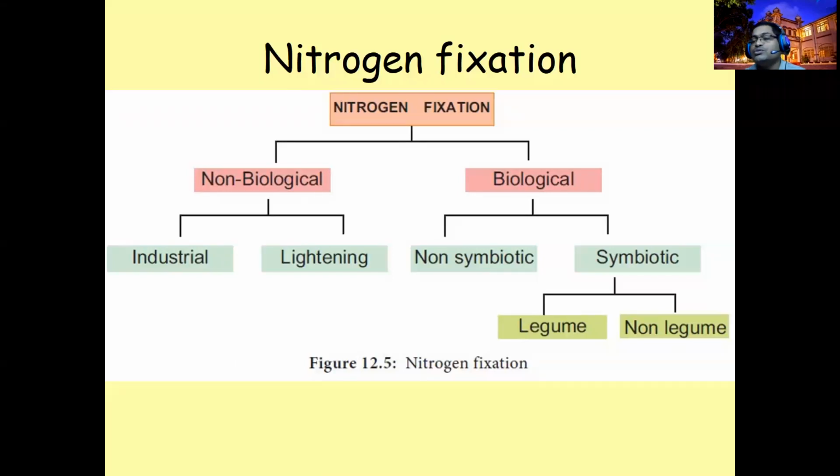Symbiotic nitrogen fixation can be divided into legume and non-legume symbiotic associations. Why are we taking nitrogen fixation here? Because if a microorganism, especially a bacterium, can fix enough nitrogen for crop production, why do we want to produce artificial, non-biological forms of nitrogen?